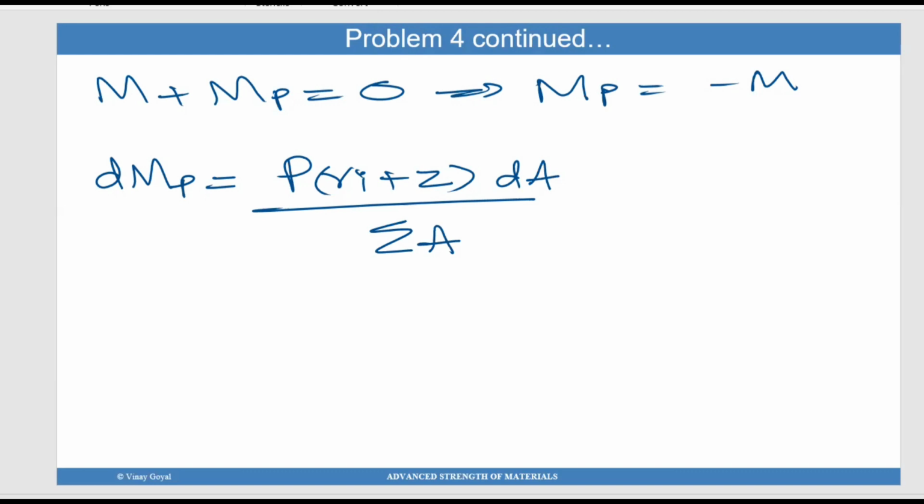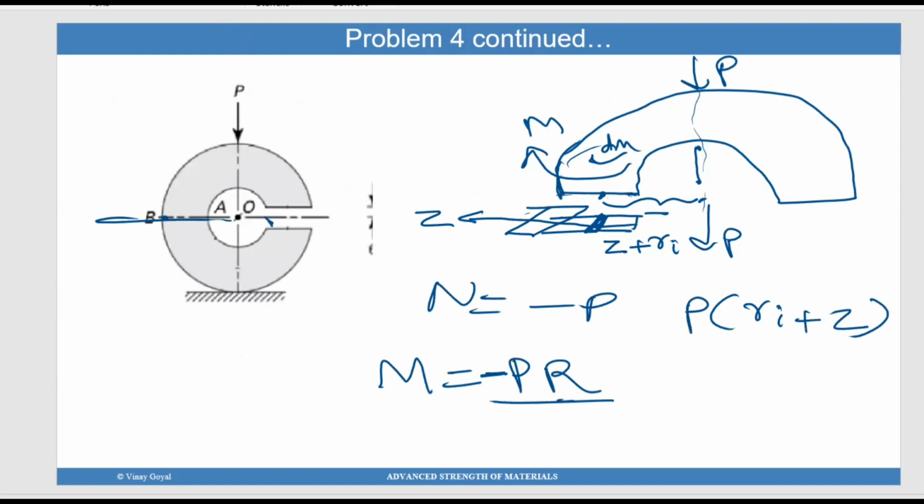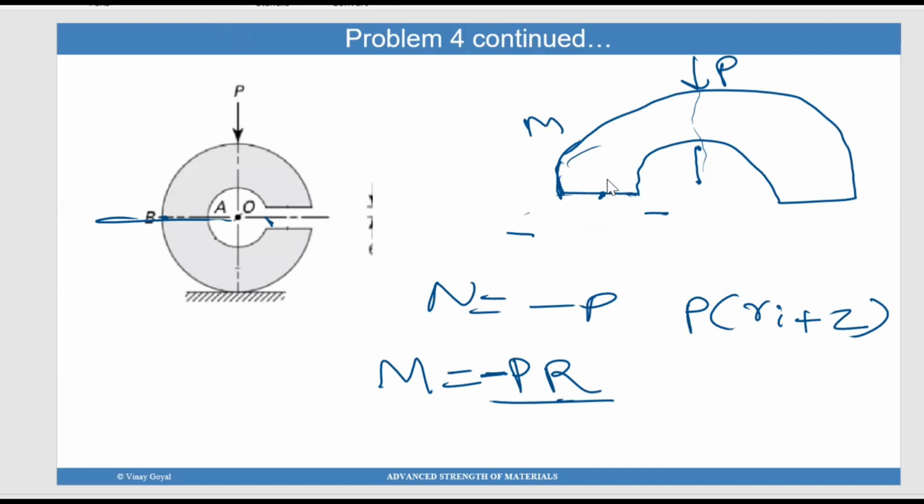I'll see if I can brush this up a little, but for now, yes, go ahead. Confused by the sign convention. So which part exactly? So let's see. The way I do n and m in this is n and this is m.